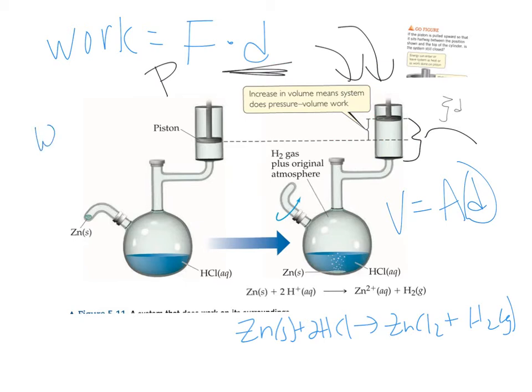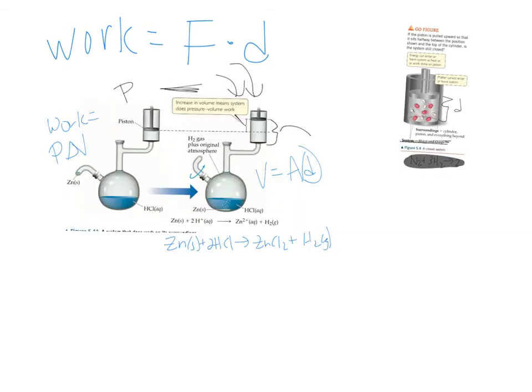So we can rewrite work as being equal to pressure times a change in volume, because our volume changed when work was done, when the gas was created. Now, we're going to say work is equal to pressure times change in volume, because we're saying this is equivalent to force times distance, because the P is our force and volume is area times distance, and what really changed here is our distance.